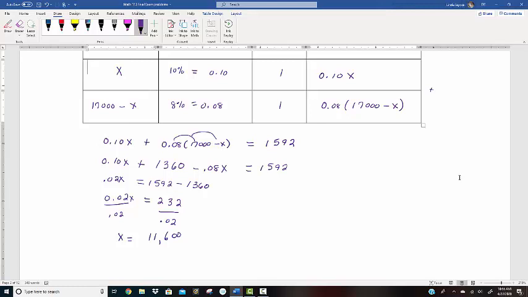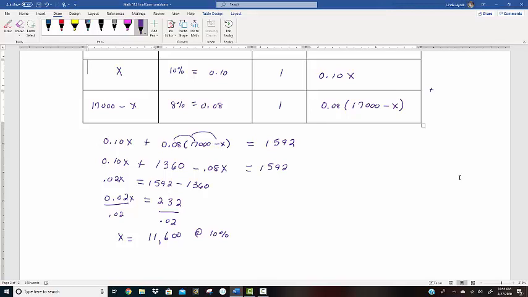Now that's just x, remember? Well, what rate was x? X was 10%. So we're going to say at 10%, this is the amount we invested.